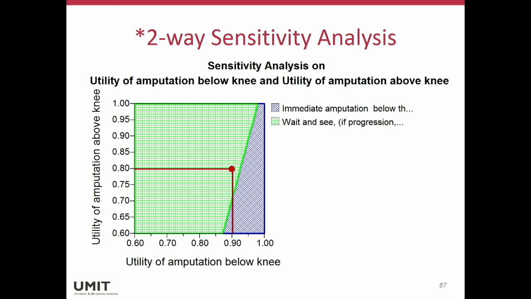But if I move my point to the right or up, then I can come into a region where I should do the immediate amputation. So you could imagine that each of us has a different dot on this area. And depending on whether you're in the green or in the blue, that would be your decision.